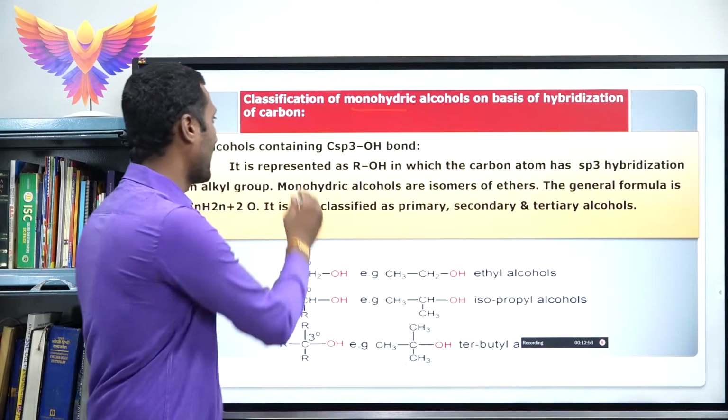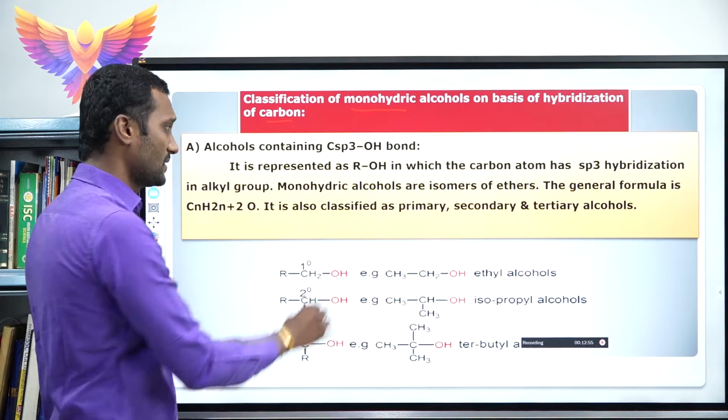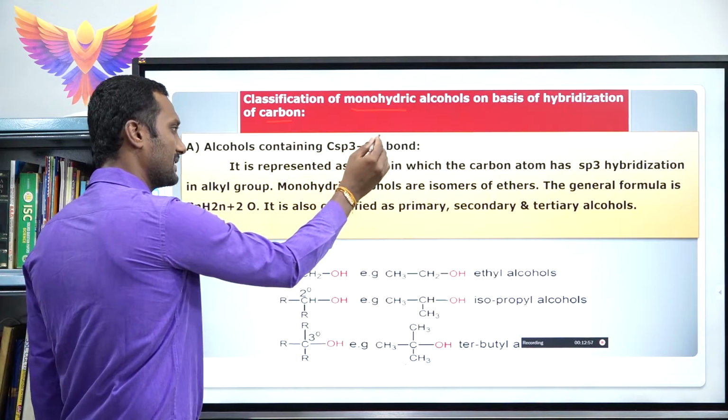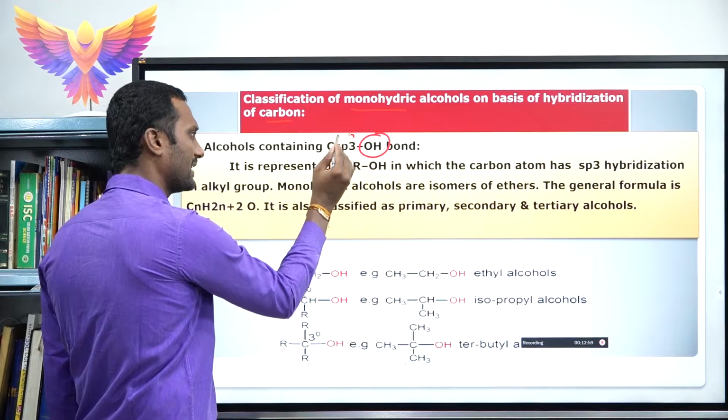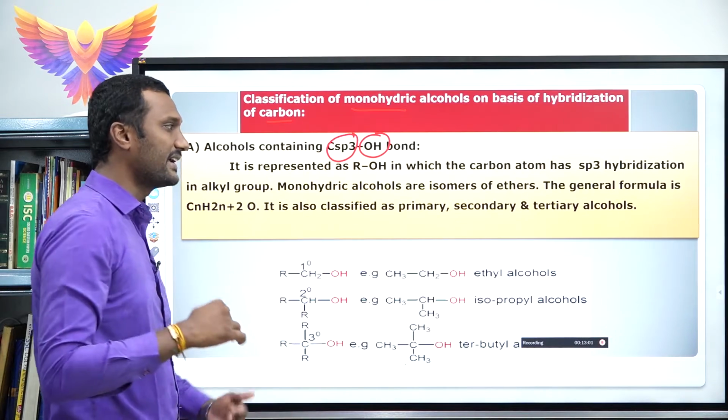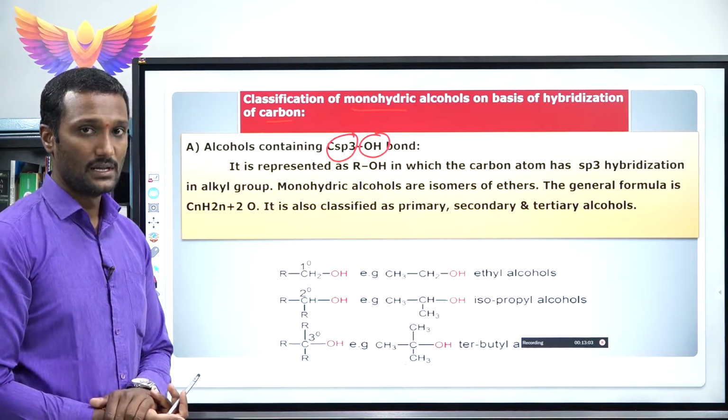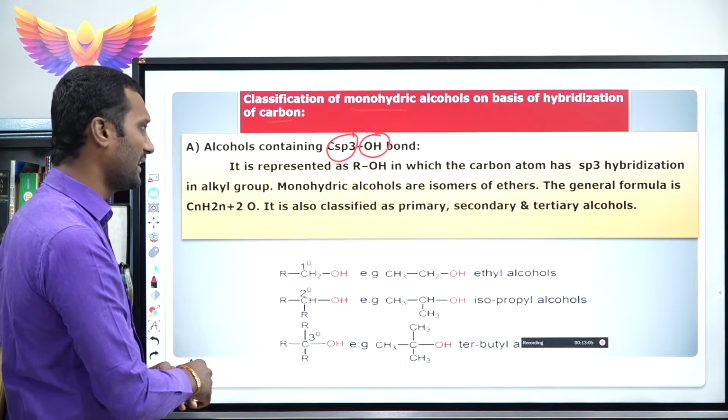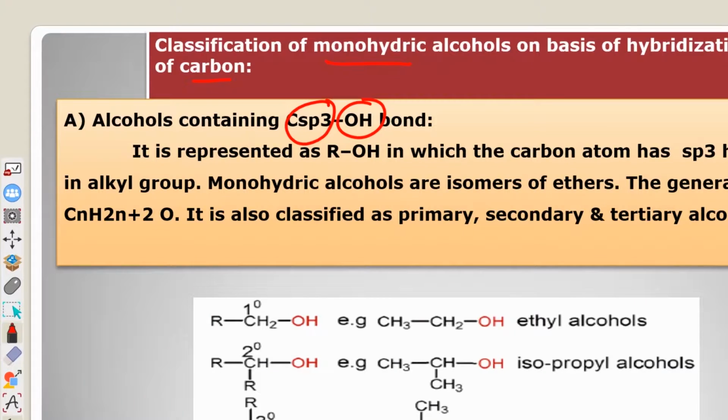On the basis of hybridization of the carbon, we know the alcohol is attached directly to the carbon, hence what type of hybridization is it? sp3 hybridization. So again, on the basis of sp3 hybridization we have 1 degree, 2 degree, 3 degree alcohols. You can observe very clearly there is 1 alkyl group here, there are 2 alkyl groups here, and we have 3 alkyl groups here, hence it is said to be a 3 degree alcohol.